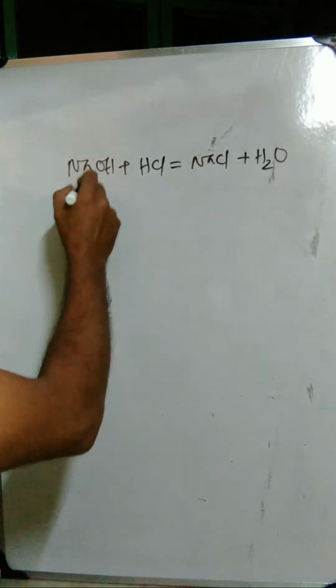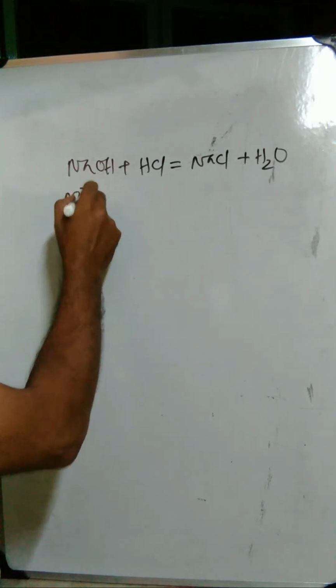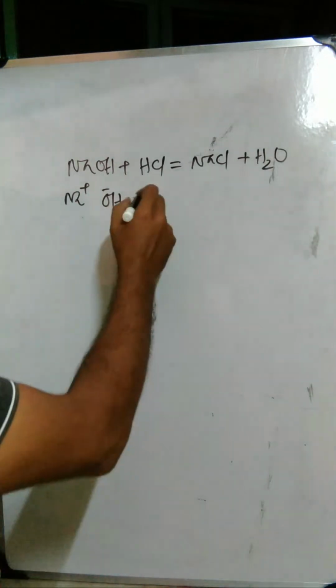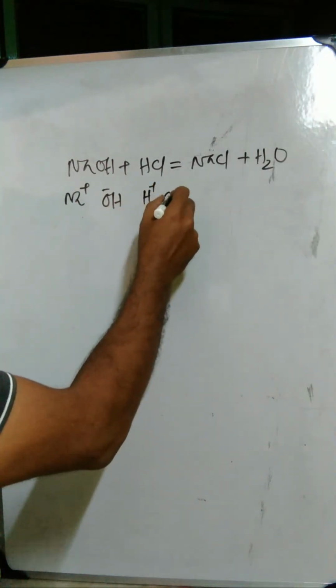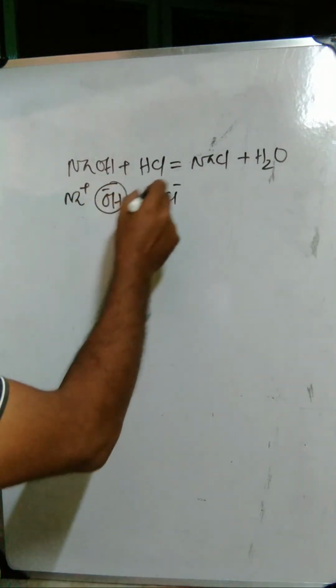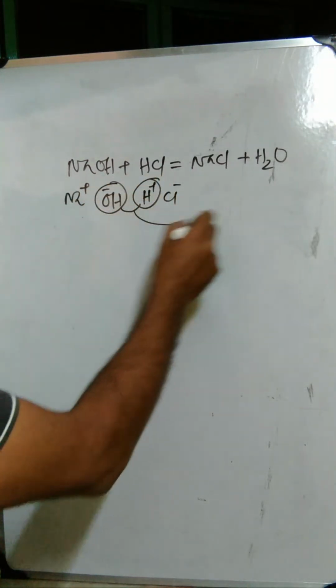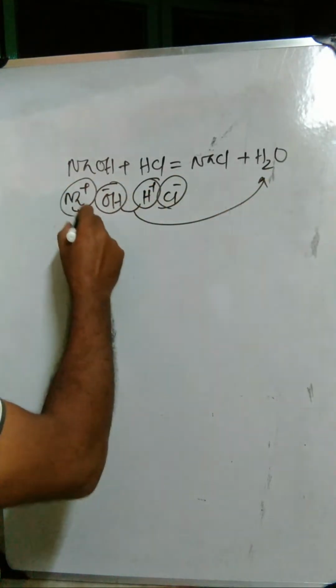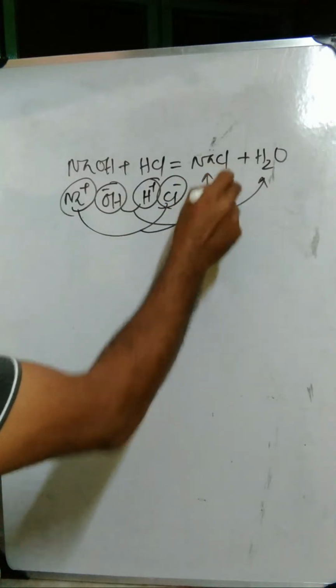So NaOH dissociates into Na plus and OH minus, HCl dissociates into H plus and Cl minus, H plus combines with OH minus to form H2O, and Na plus combines with Cl minus to form NaCl.